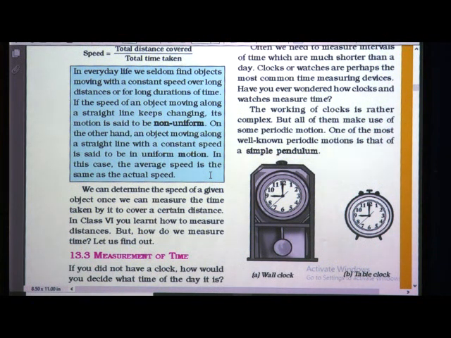Because of the uniform motion, whatever speed we decided for this vehicle or object will remain constant.